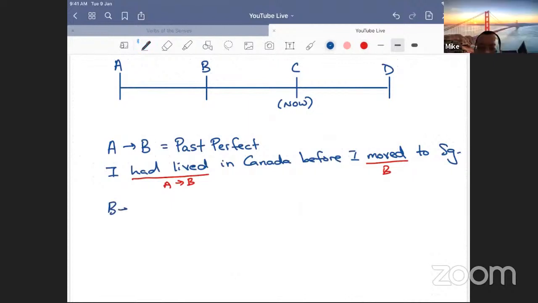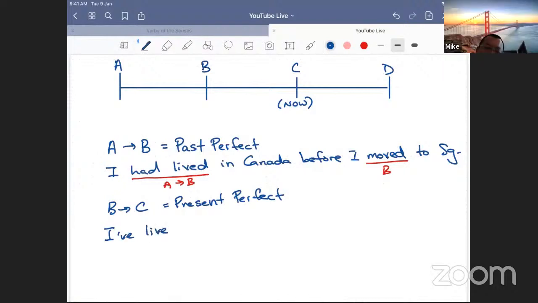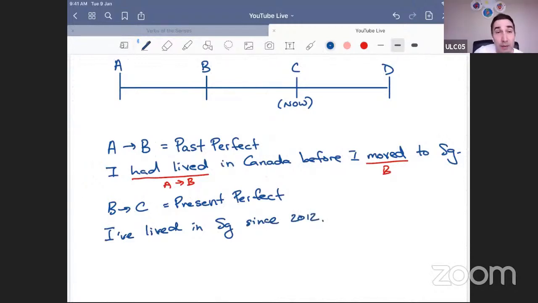So B to C equals present perfect. So I've lived here for 8 years, since 2012, for example. In this case, B is 2012 and A is, okay, I was born in 1983.